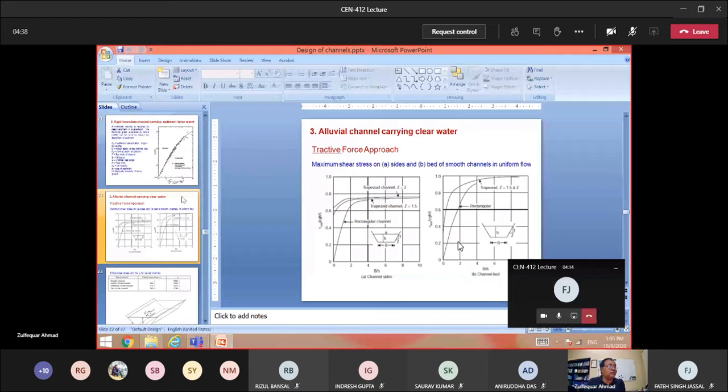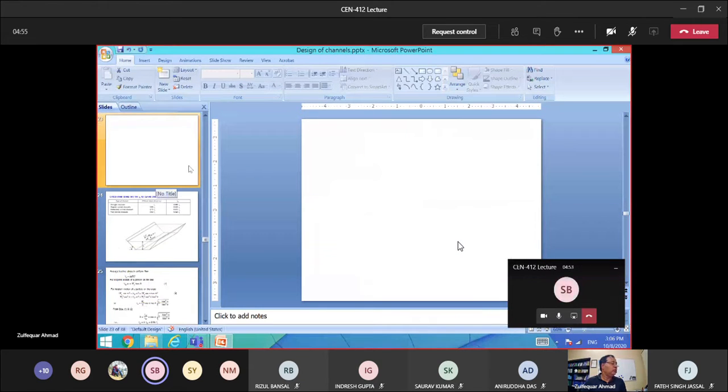So let us start with the alluvial channel carrying clear water. The concept that we have to discuss here is the tractive force approach. So should we proceed? Yes, sir. Okay.